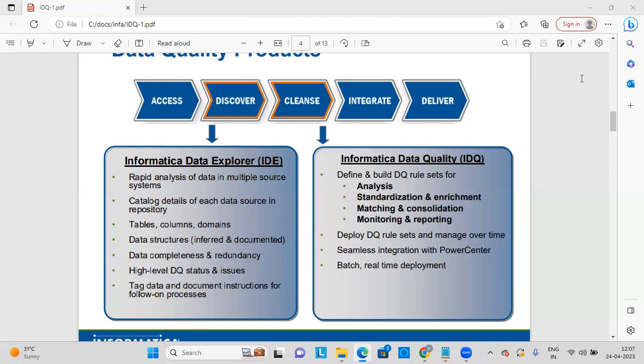No problem. Okay, fine. Now let's move on to the next part, which is IDQ. Remember, guys, if you say our data is quality data, it should be quality data based on some pre-built rule sets or rules. A rule is a logic, and logic is based on a mathematical expression.